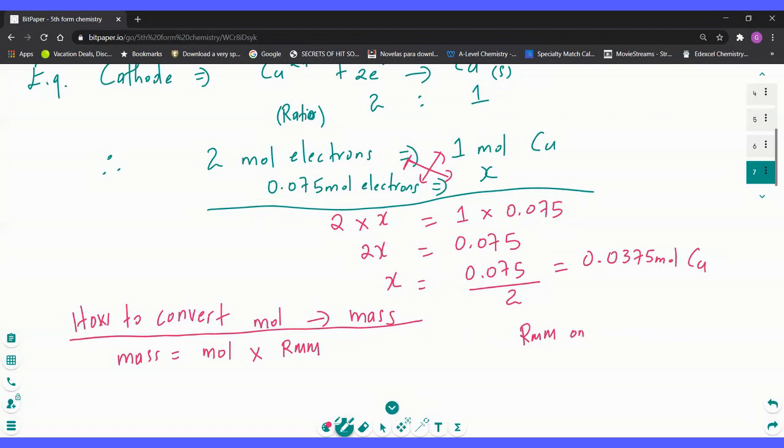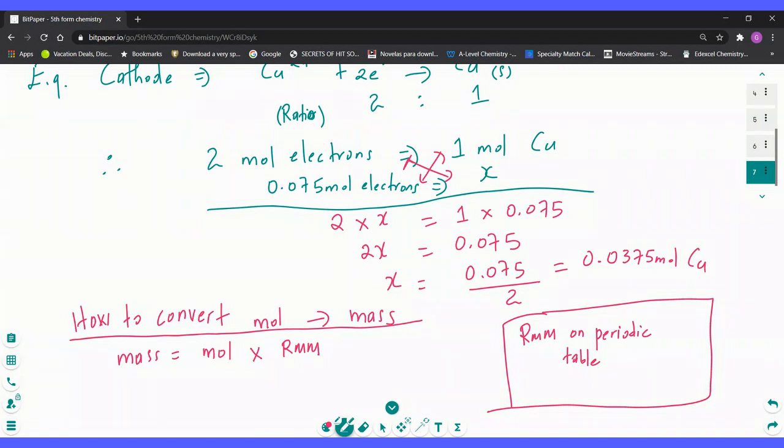You have to look on the periodic table to find out what is the RMM of our copper. And I'm going to show you how to find that on the periodic table. So I want you to look in your past paper, your paper 2 past paper books.